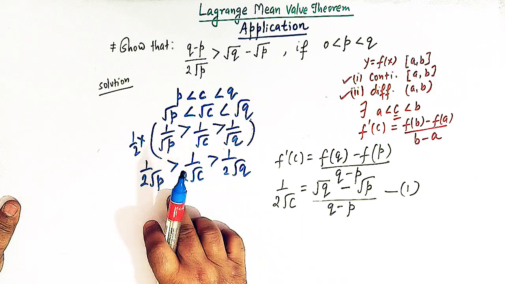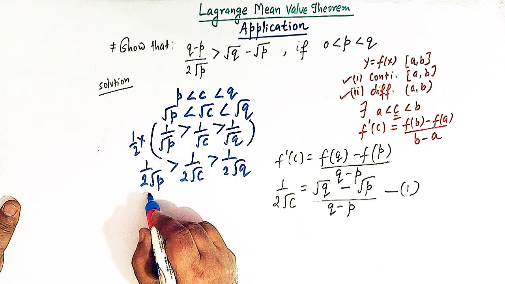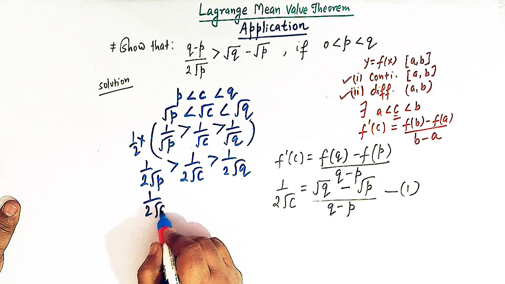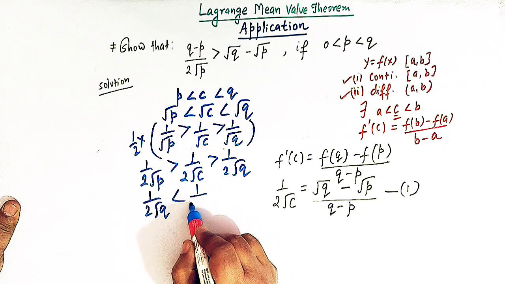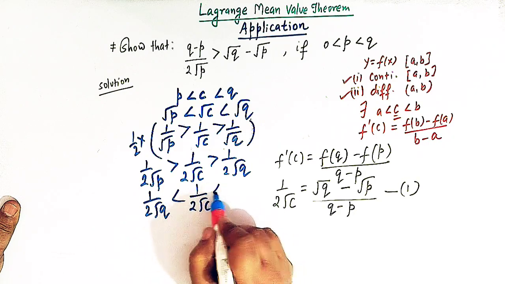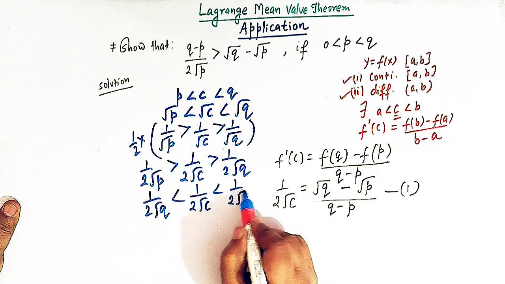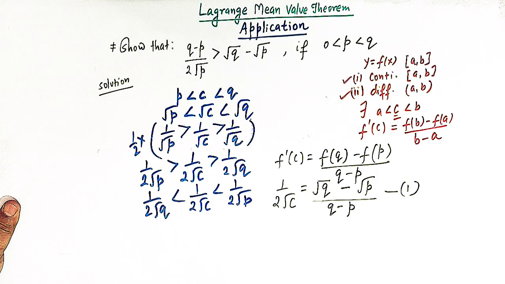So now rewriting this inequality as 1 over 2 times square root of Q is less than 1 over 2 times square root of C, which is less than 1 over 2 times square root of P, right?